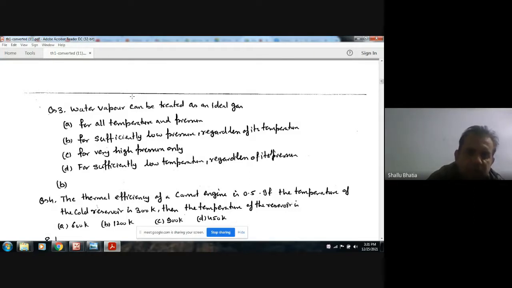Any gas can behave like an ideal gas, so water vapor will also behave like an ideal gas at low pressure. So answer is B. No need to read C and D, as they are at very high pressure only.